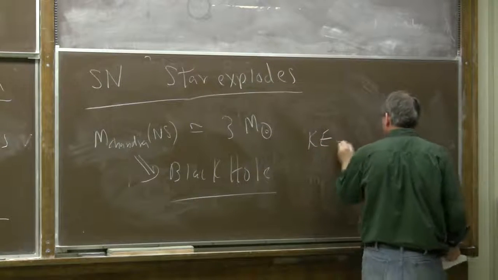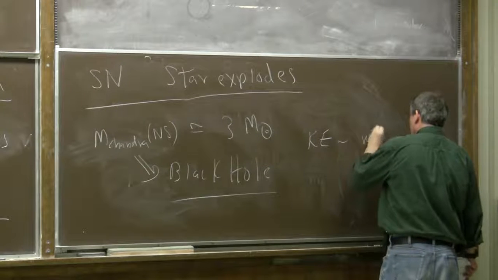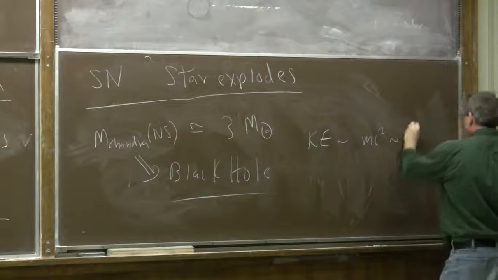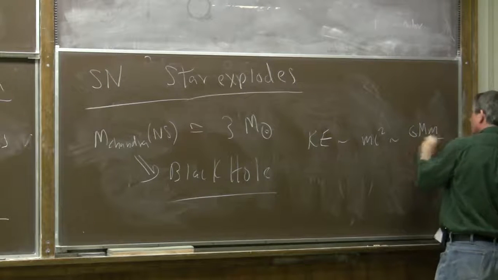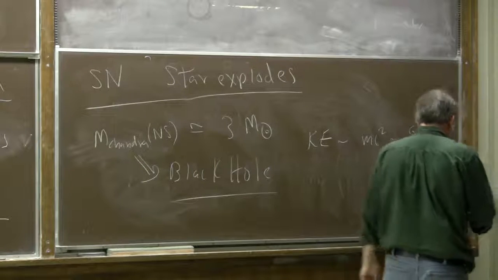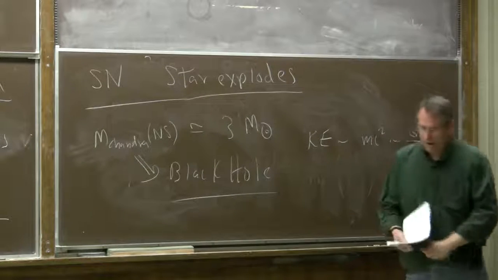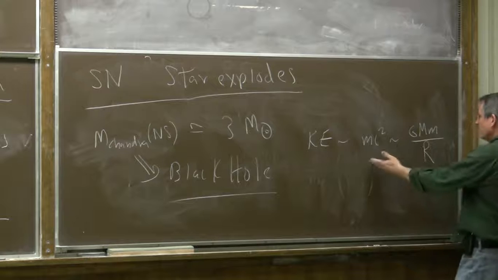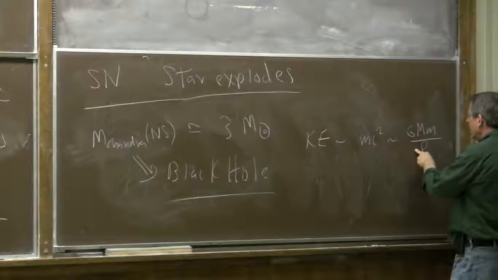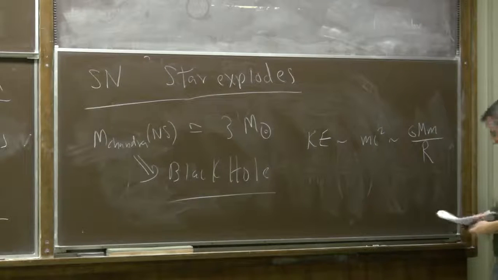The kinetic energy going like mc squared becomes comparable to the potential energy going like GM over r. In other words, this is the relationship for the escape velocity, but now I've used the speed of light, and the mass and size of the star.